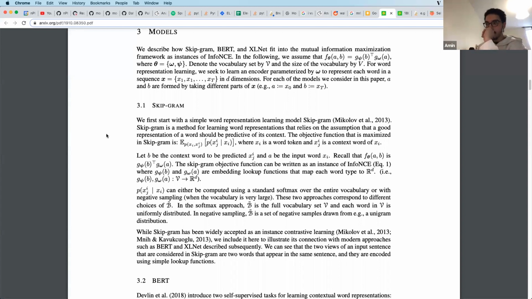The way that the training examples here are generated is by taking a sliding window across the corpus, or just looking at sentences as a whole, and you generate word context pairs.